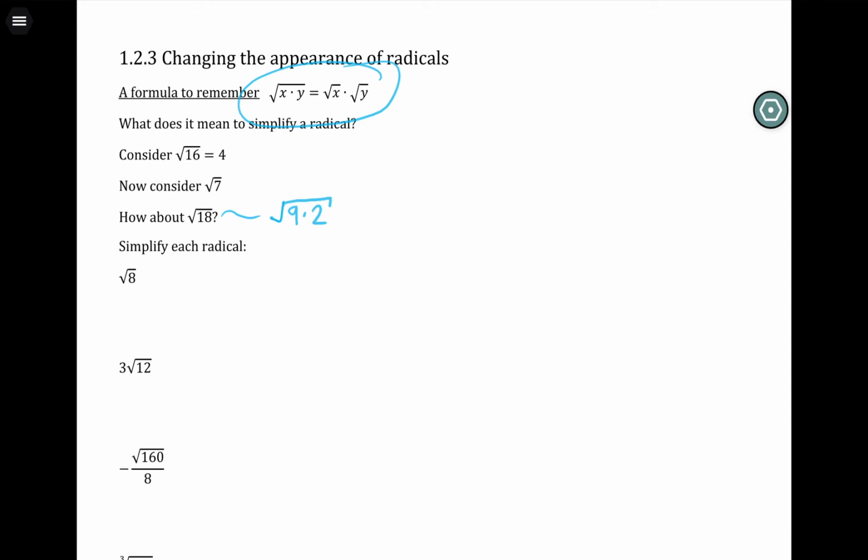And looking back up to our property, and we've done a little bit of this before, especially with our units, you can split that up. So we're going to end up with the square root of 9 being nice, and the square root of 2, we're stuck with it. It's not a perfect square, it doesn't have any factors to separate out. We're pretty much done. This process is called extracting roots.